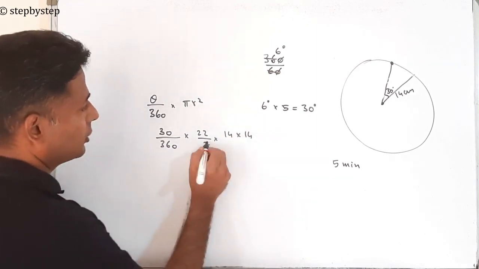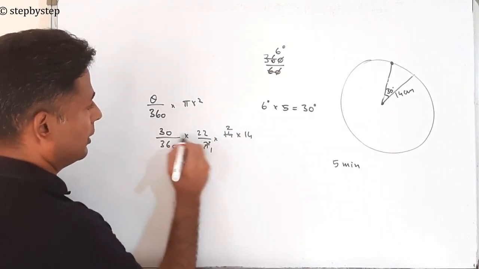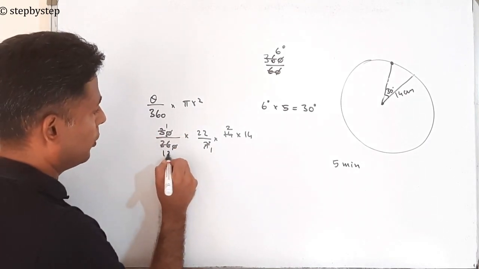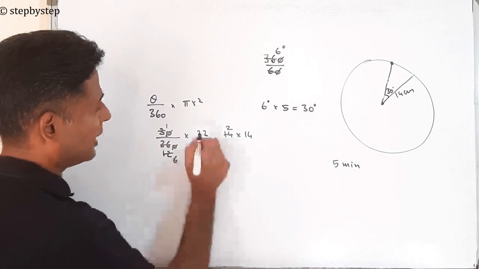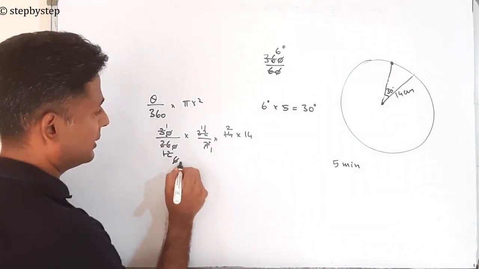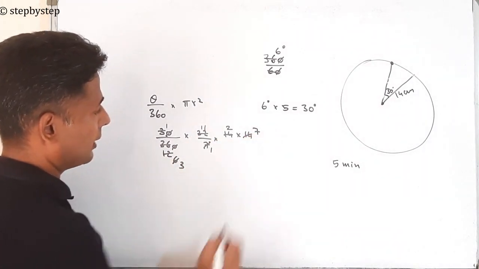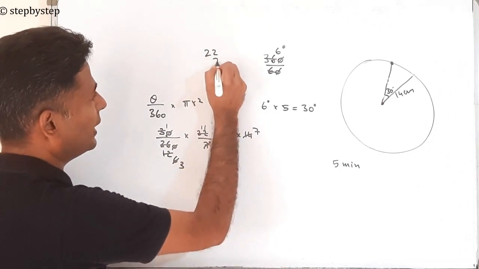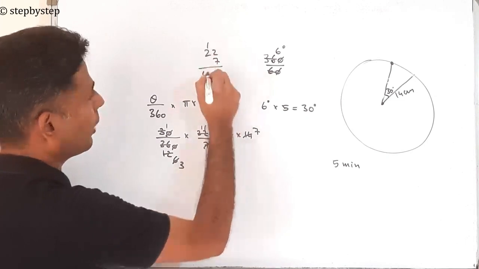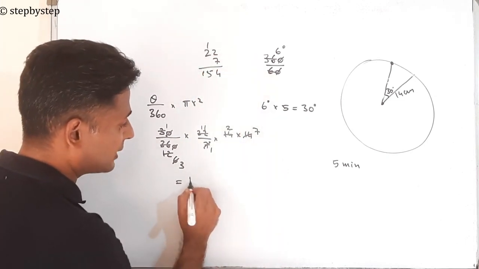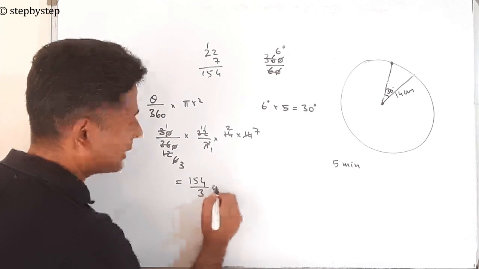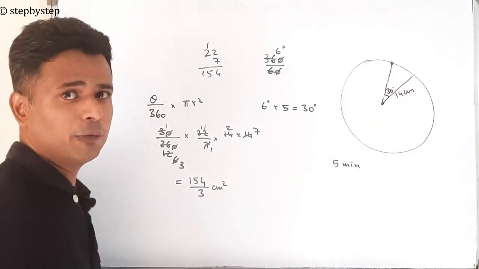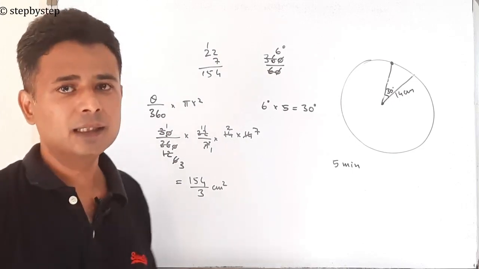Cancelling the terms, we get 11 into 2, 22, 22 into 7, which gives 154. So we get the answer as 154 by 3 centimeter square. So the area swept in 5 minutes is 154 by 3 centimeter square.